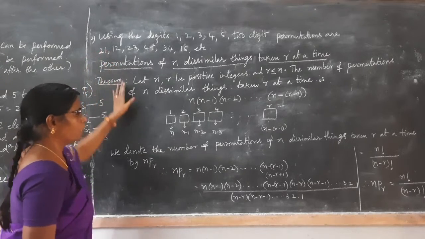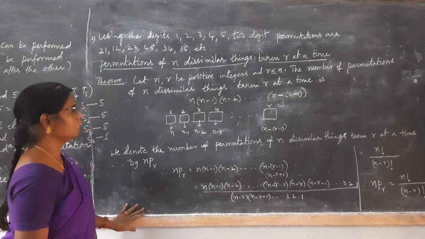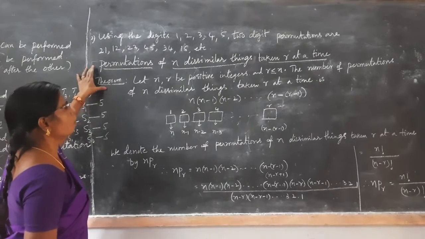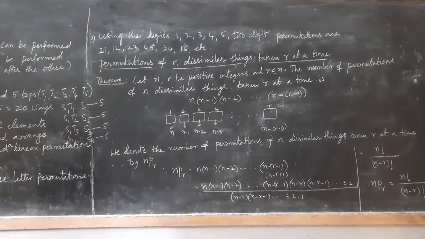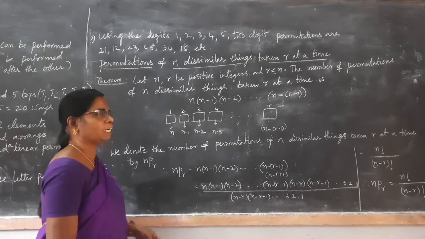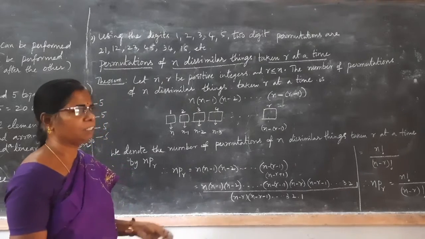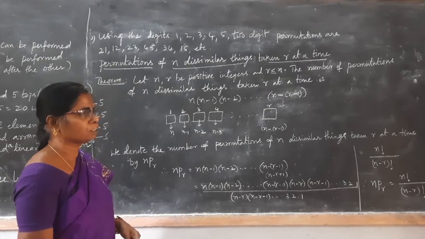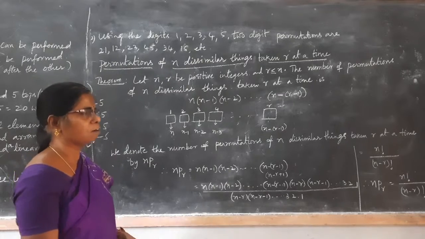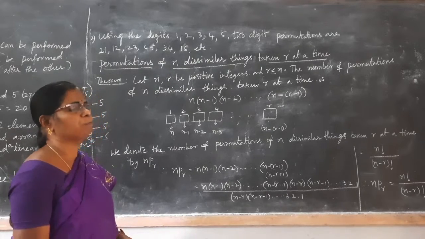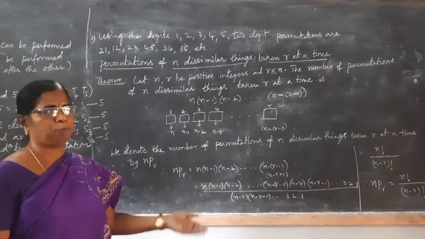Now I come to the next item, that is permutations of n dissimilar things taken r at a time. That is, n dissimilar things are given. From n dissimilar things, we take r things and make permutations.